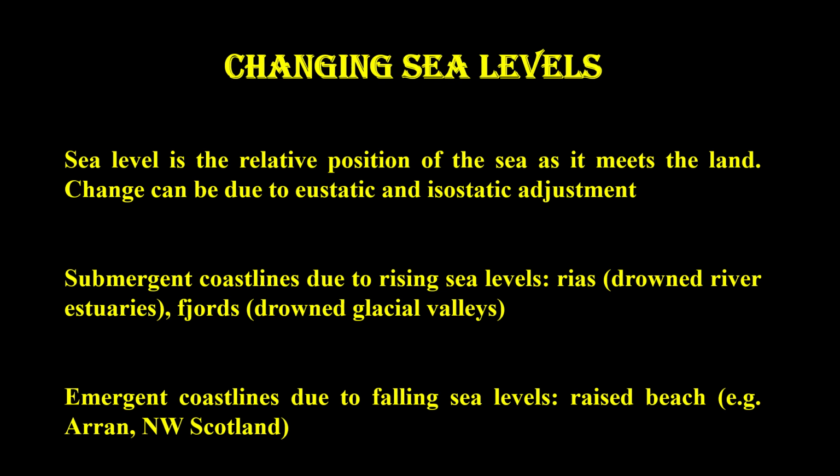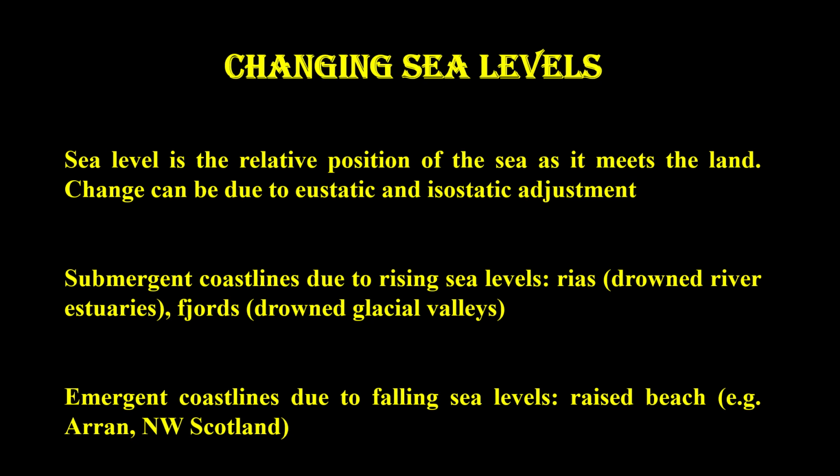Changing sea level. This is one globally accepted concern. Sea level is the relative position of the sea as it meets land. The change can be due to eustatic and isostatic adjustments.